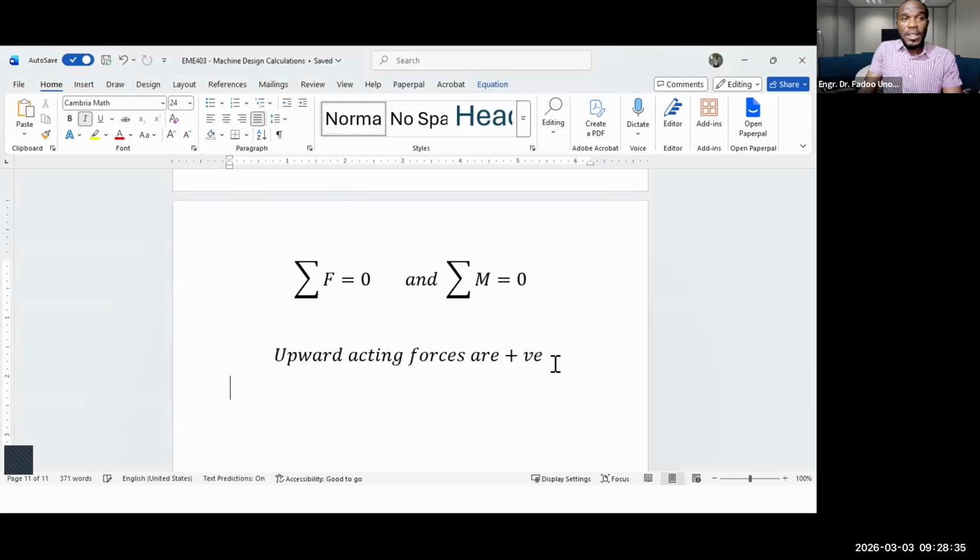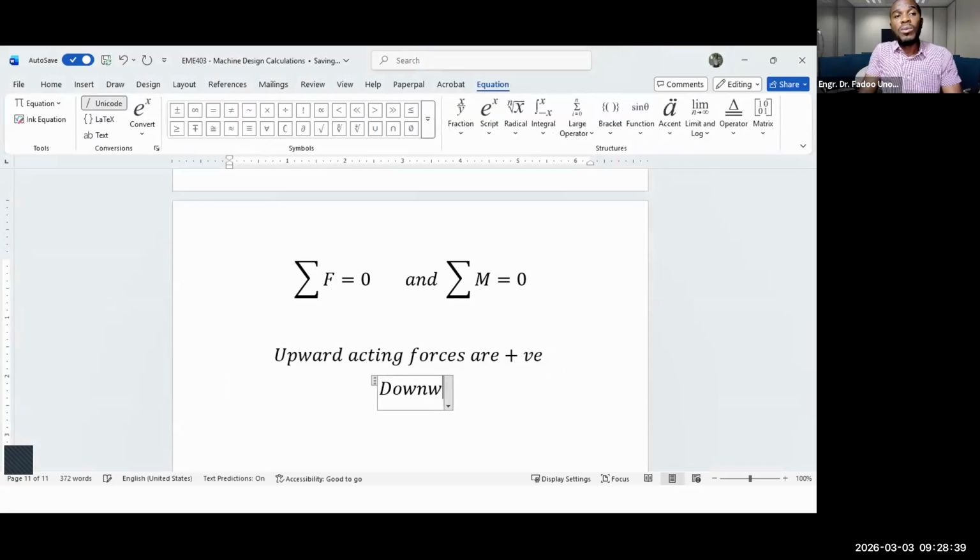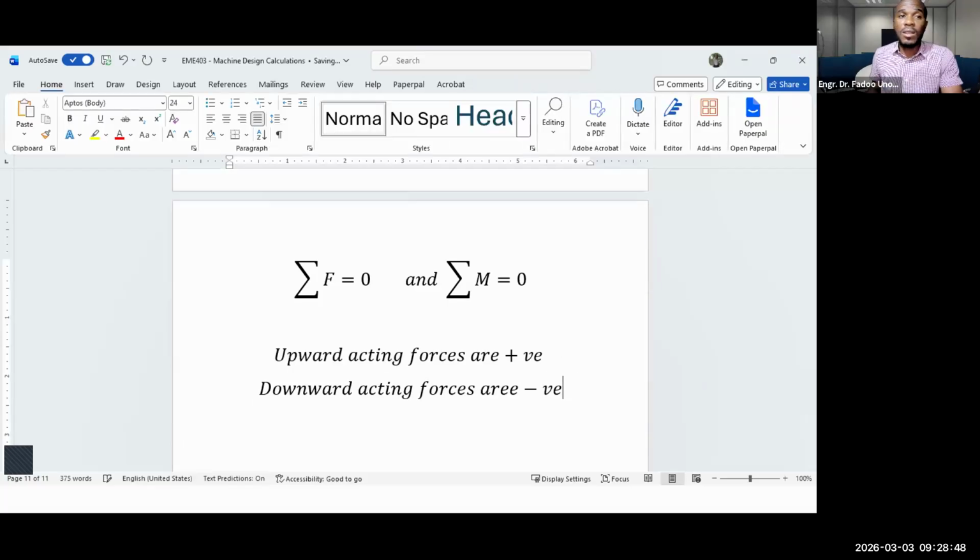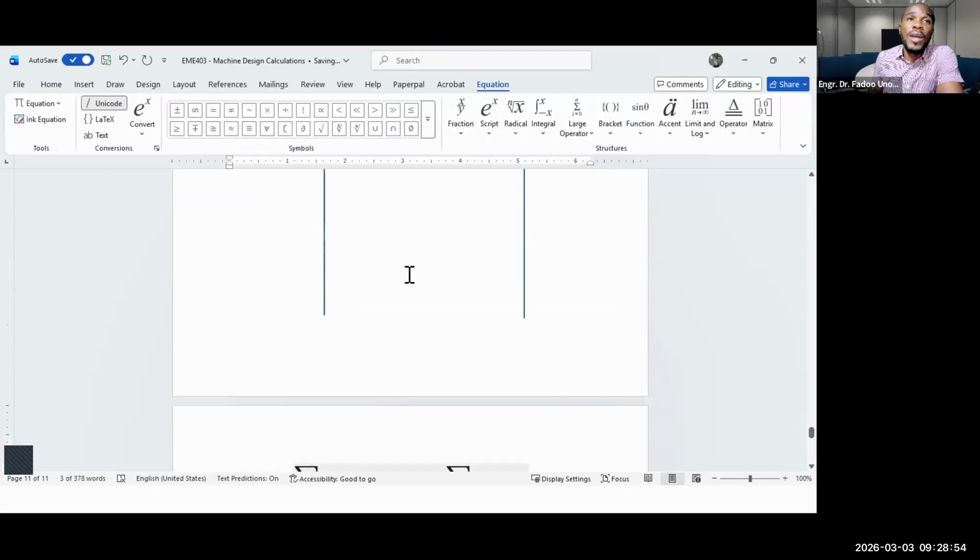So we can have that as a notation, and then we can also say downward acting forces are negative. And in that case, we can now apply this equation that now sums up what we have here.